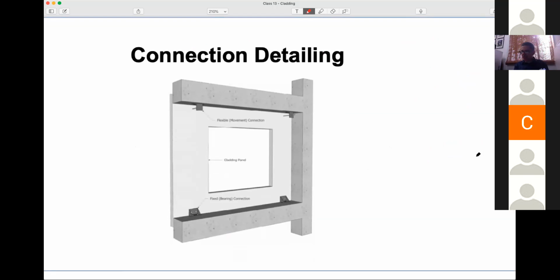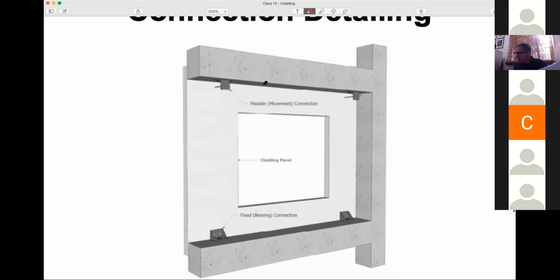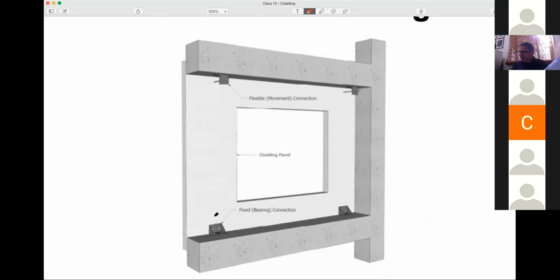I'm going to make that a little bigger. So generally down here is where our fixed bearing points would be. Those are where the 3 degrees of freedom are going to be restrained.